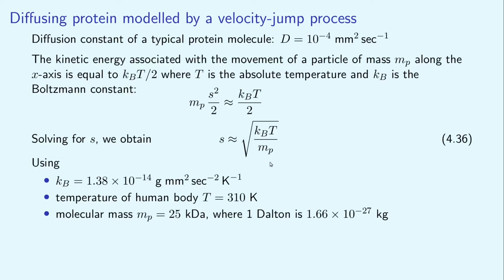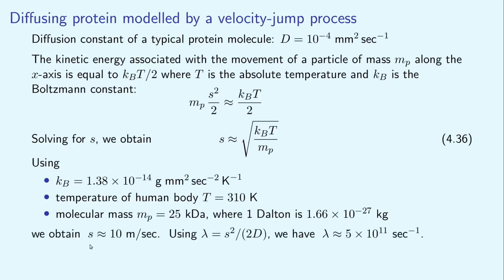Solving for s, we obtain that we can estimate the speed as the square root of kBT divided by the mass of the protein. On the right hand side we have the Boltzmann constant, the absolute temperature, and the mass of protein. Using the temperature of human body as 310 Kelvin and molecular mass 25 kilodalton, we can estimate the speed s as 10 meters per second.